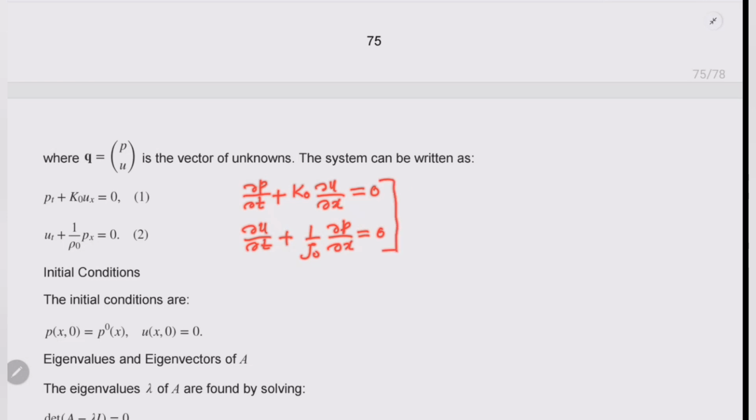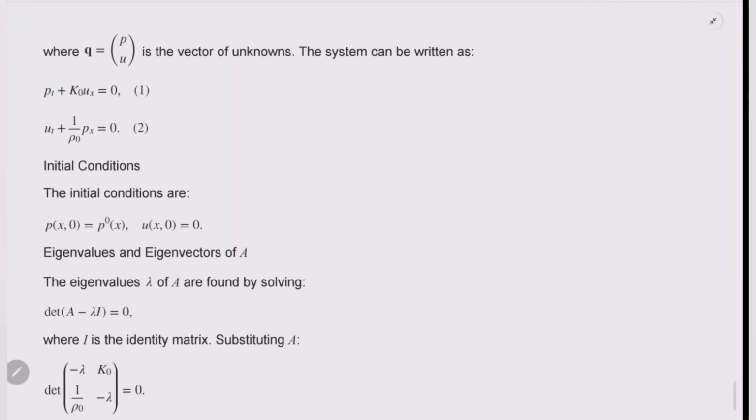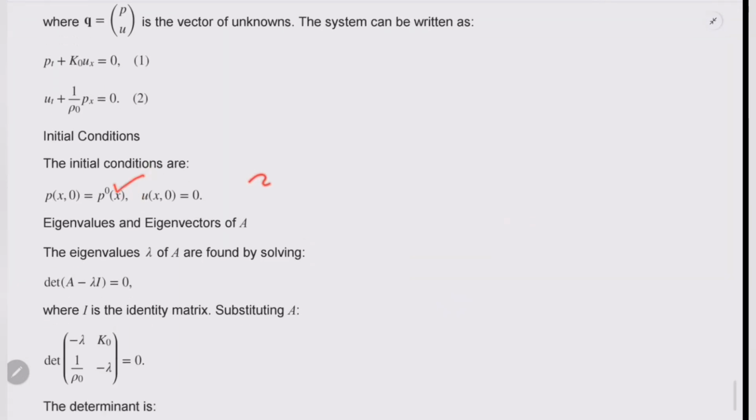So you write this in the form of partial q by partial t plus A partial q by partial x is equal to 0. So it works both ways. We can write a system of equations in compact form, and similarly, from a compact form, we can write the expanded form. Okay, the initial condition we already discussed, it is given over here.